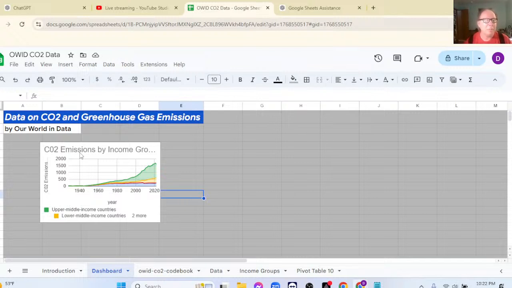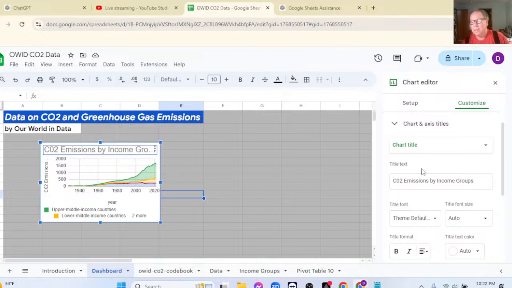Oh, except this has got to be the font size. Let's just say, we know it's CO2, right? That's what it says at the top.